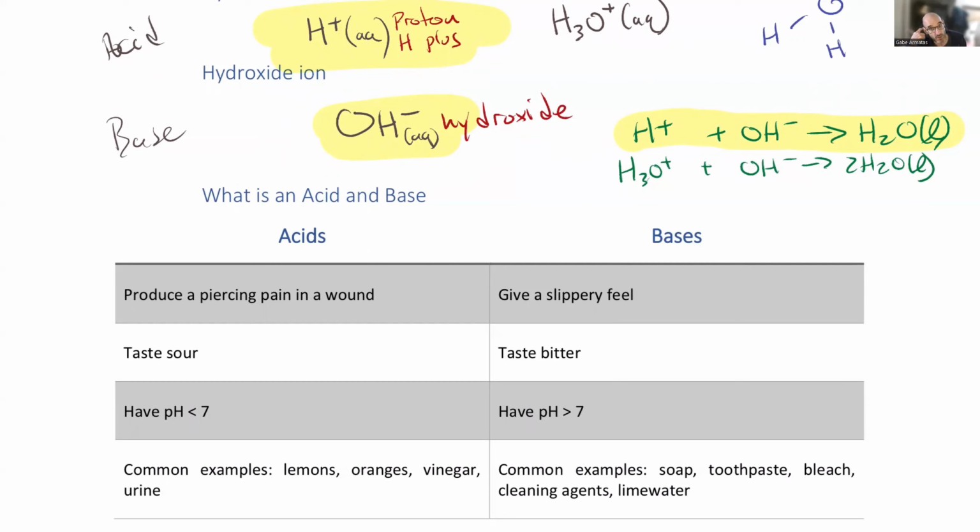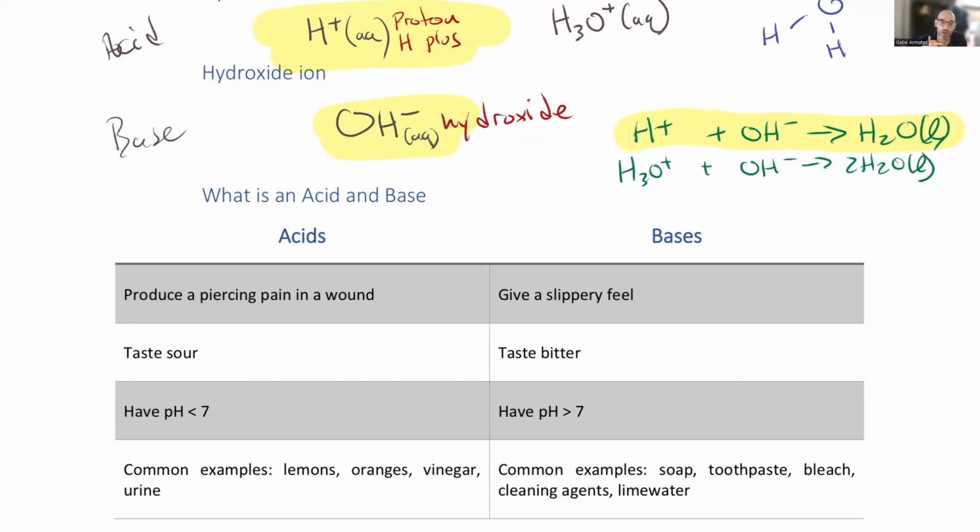Bases, on the other hand, are typically used for cleaners like soap. You get that slippery feel whenever you pick up bleach or a cleaning agent. It feels very slippery. That's because they're bases. They taste very bitter. I don't think you've ever bitten into soap, but if you have, you're going to notice that it's bitter. So there's a bitterness involved with those.